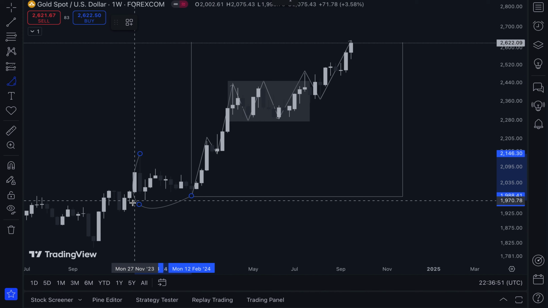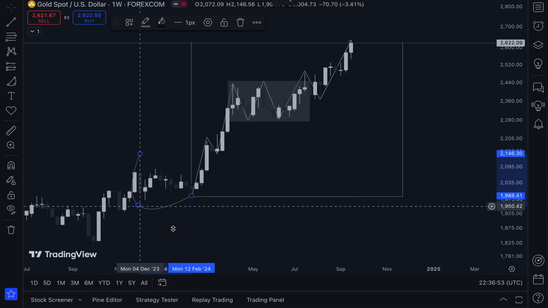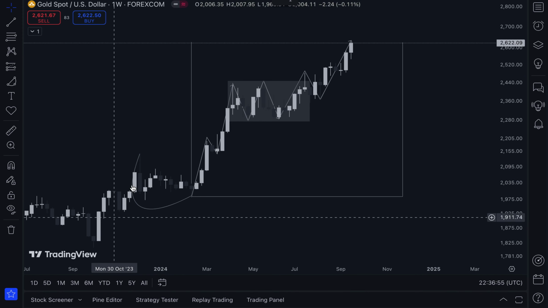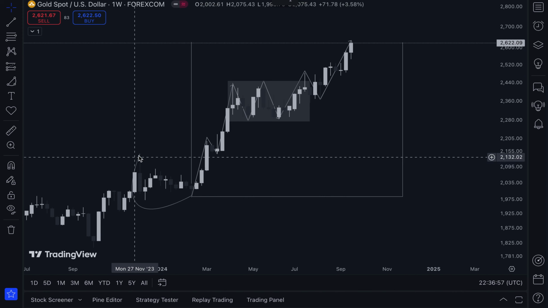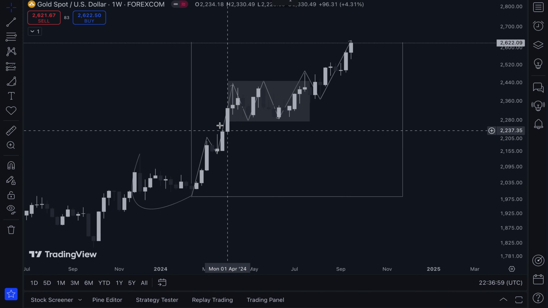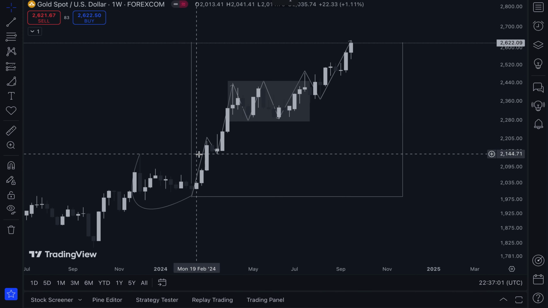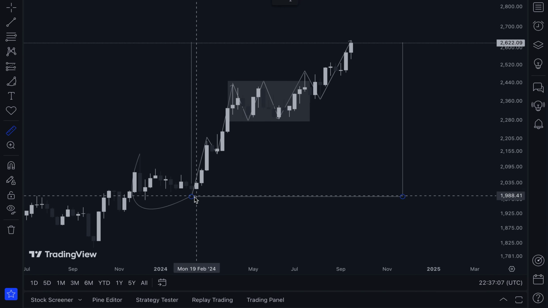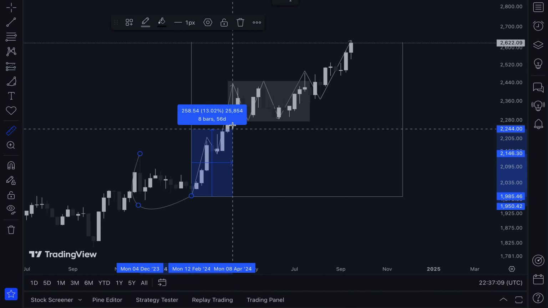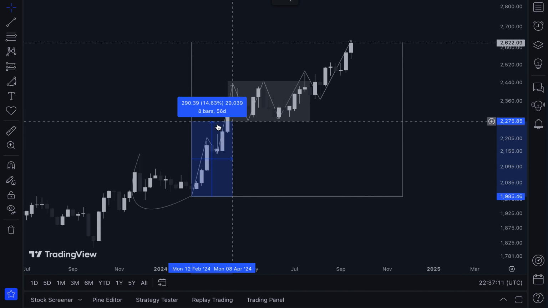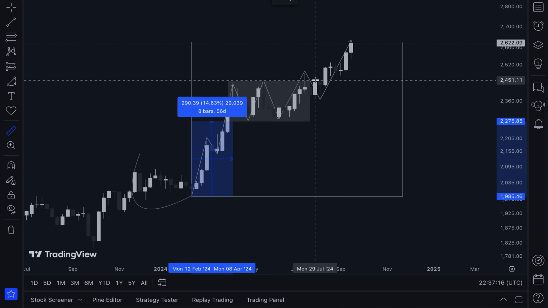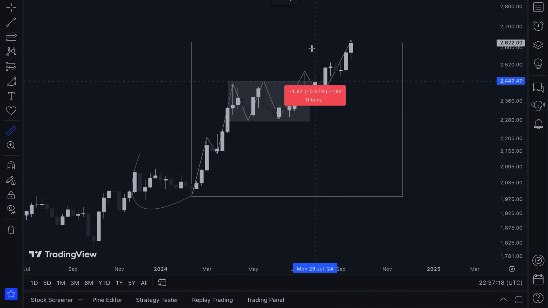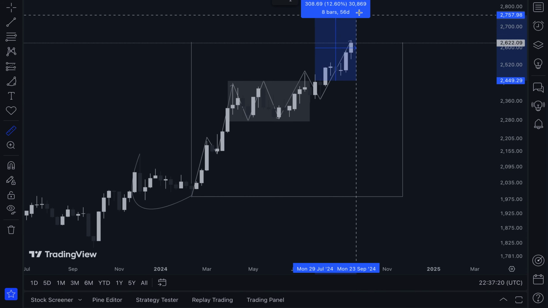If you look at this situation here, you will realize that at some point price came back to the 50% of this movement. I call it 50% of the movement because I'm calculating that the distance from here to here should be equal to the distance that price has to travel from here to here.